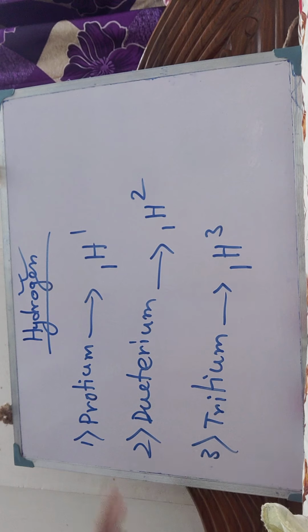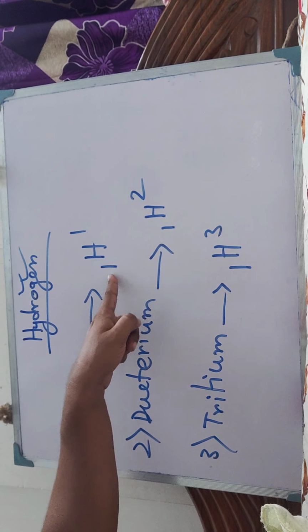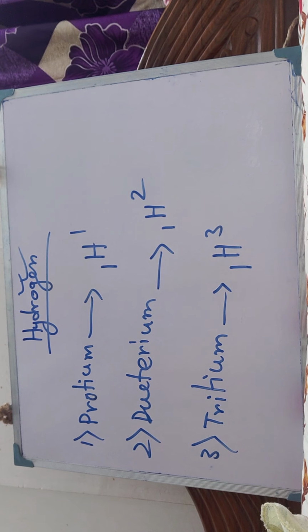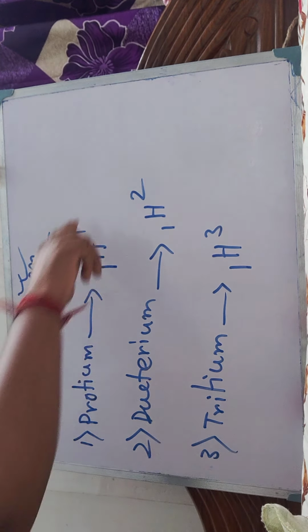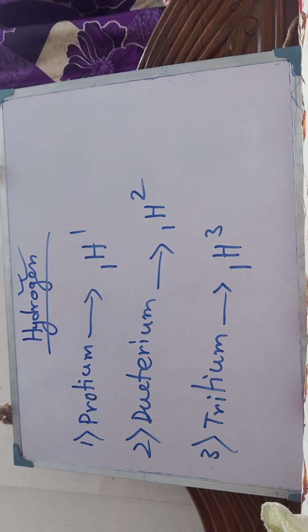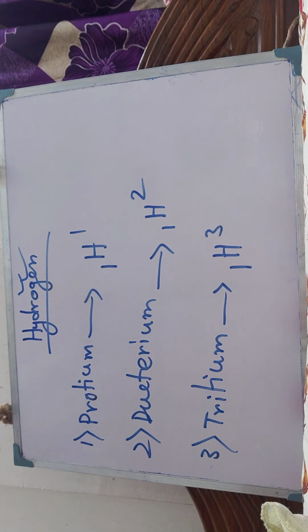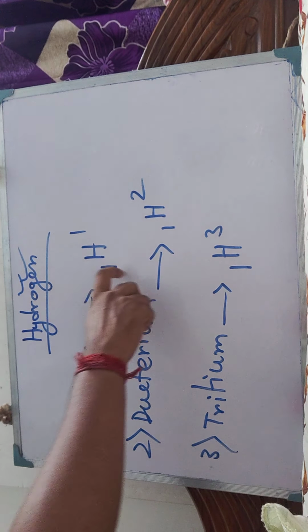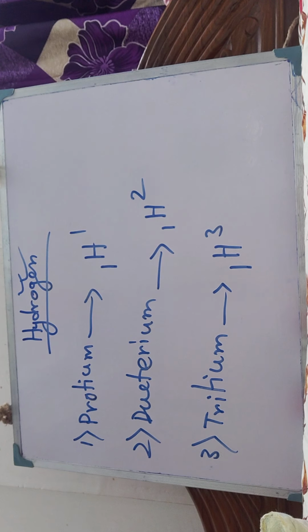So see, in all the cases, the atomic number written at the lower left corner of hydrogen is 1. It means the atomic number is the same for all, but the mass number is 1 for protium, 2 for deuterium, and 3 for tritium respectively. Clear? So it means there must be a difference in their neutron number. That is why the mass number is changing, because the atomic number is fixed, so the proton number is not changing.